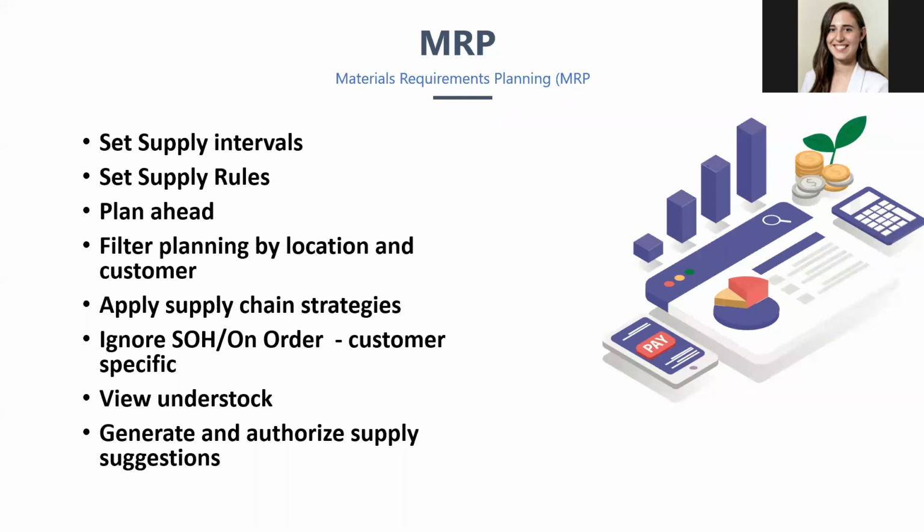You can also include all unfulfilled sales, of course, by particular dates. You can include draft and planned supply tasks as well. So you can choose whether to only take into account authorized or released transfer orders, production orders, and purchase orders, or also include draft or planned events.